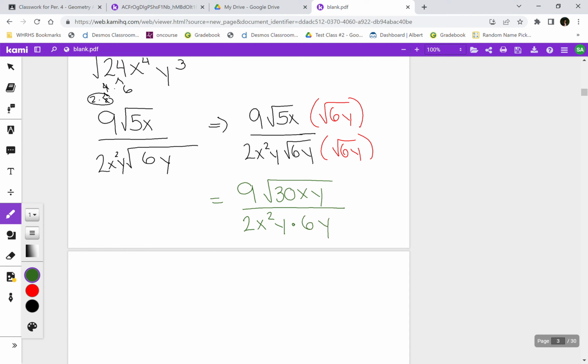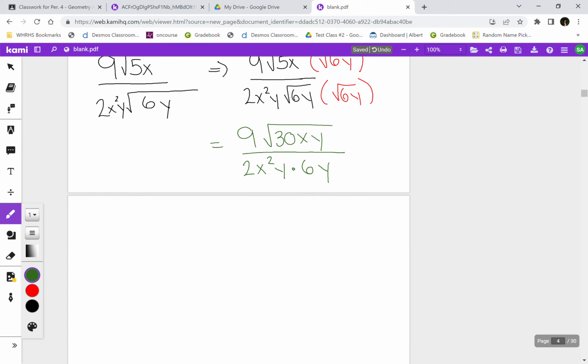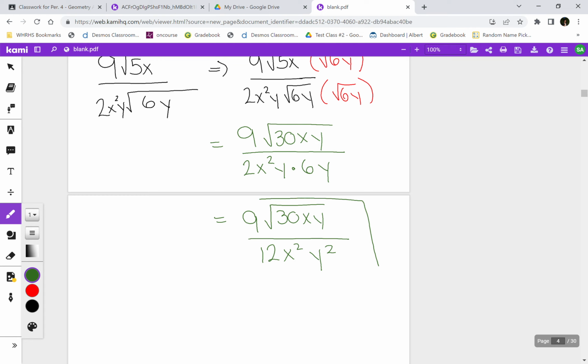Can I make that simpler? Absolutely. This becomes 9 root 30xy, and then we're going to have 12x squared y squared. Oh, sorry, not done. Why am I not done? 9 and 12, you got it. So now we're going to divide by 3. So we're going to have 3 root 30xy, and then we'll have 4x squared y squared.